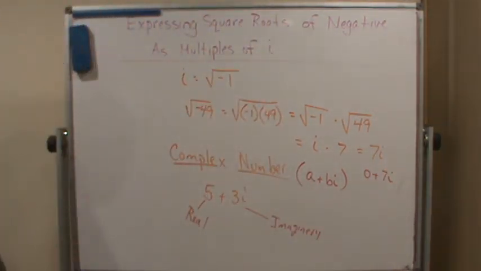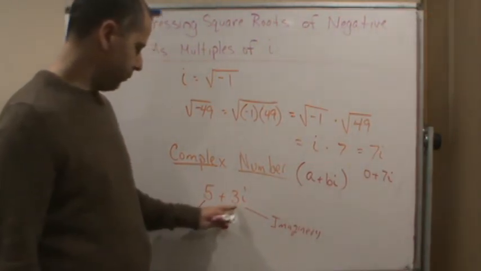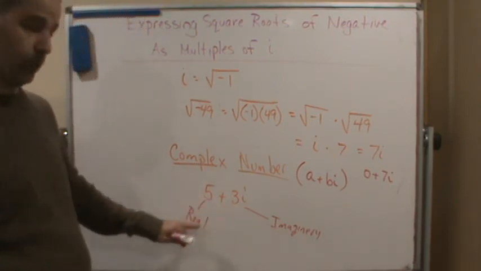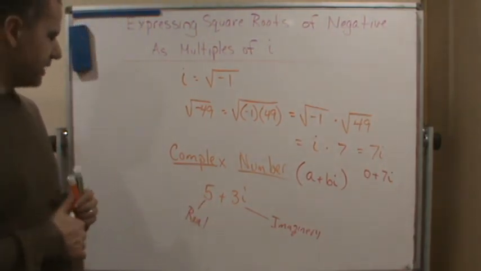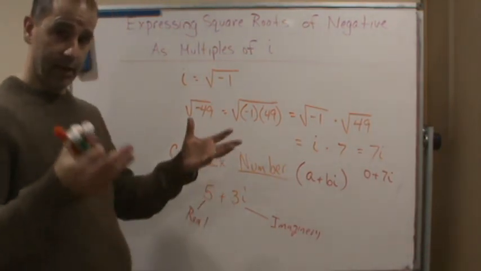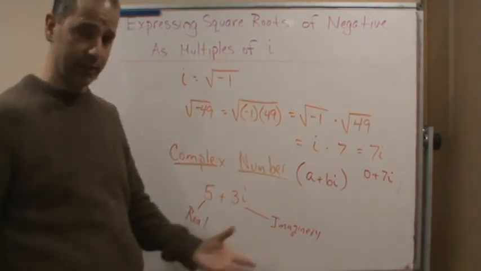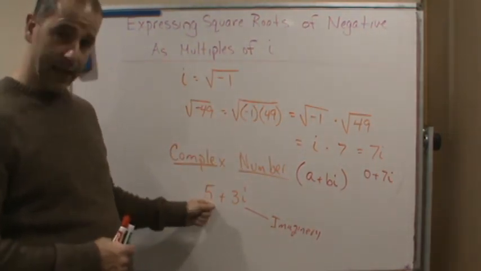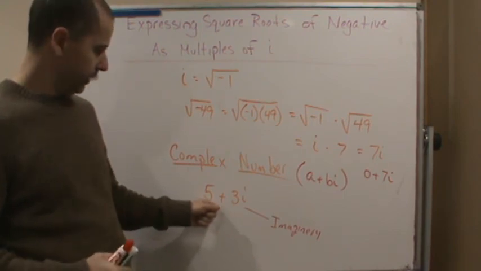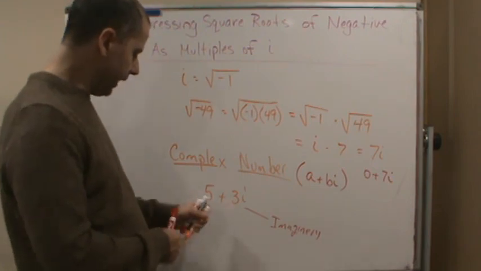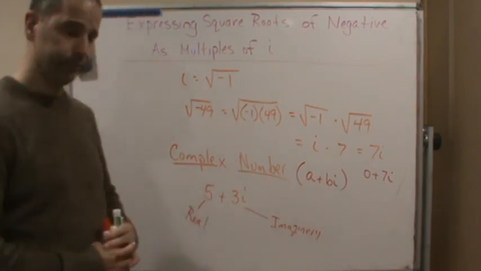And what if you didn't have an imaginary part? Then you would have just the real part. What this tells you is that the set of all complex numbers is bigger than the set of real numbers, because a real number is actually considered a complex number. It's just a plus 0i.